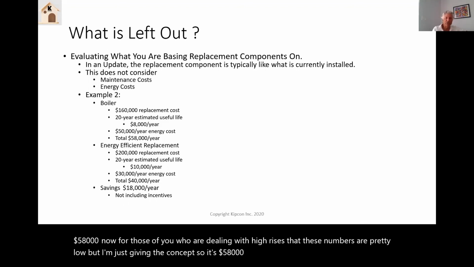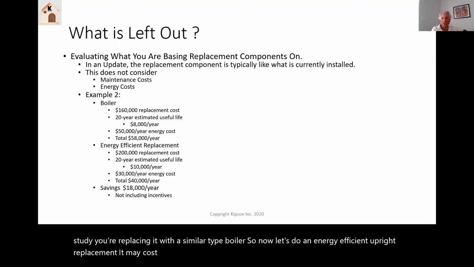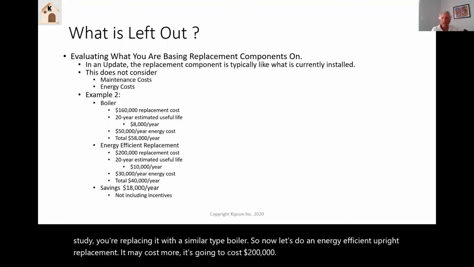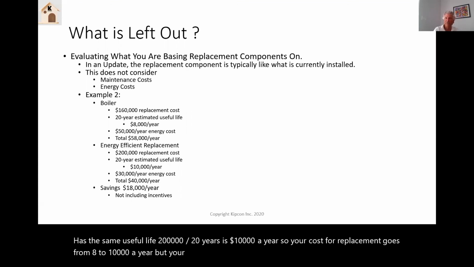Now, when you do a typical reserve study, you're replacing it with a similar type boiler. So now let's do an energy efficient replacement. It may cost more. It's going to cost $200,000. Has the same useful life. 200,000 divided by 20 years is $10,000 a year. So your cost for replacement goes from 8 to 10,000 a year, but your energy costs go to 30,000 from 50,000.